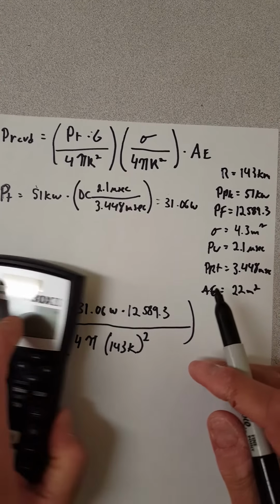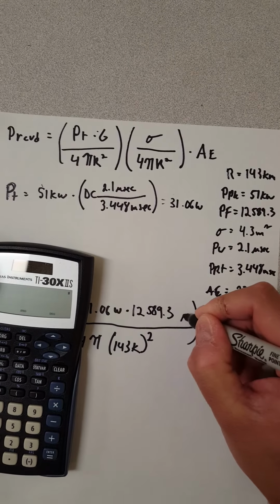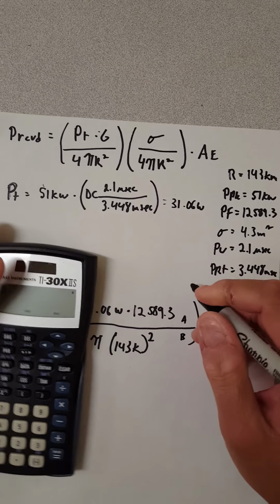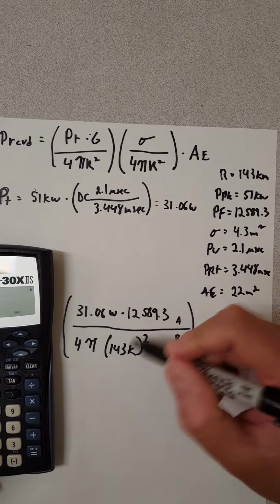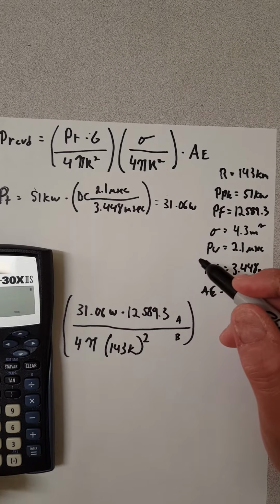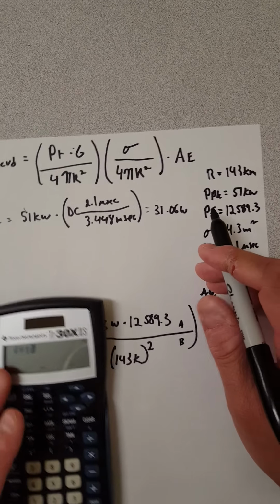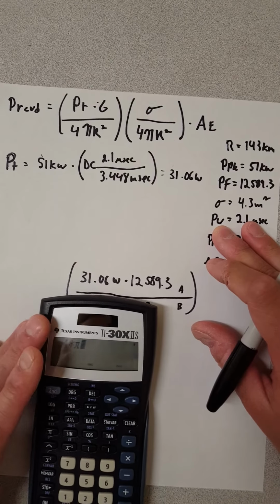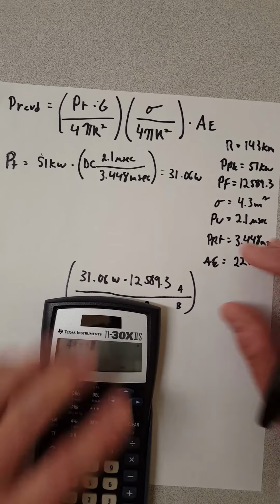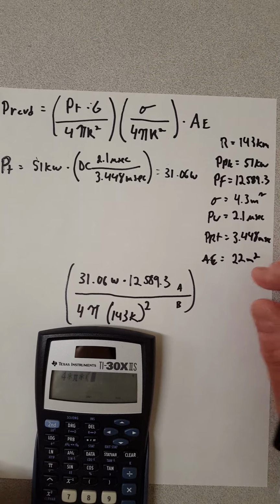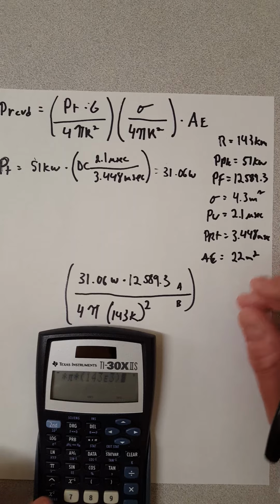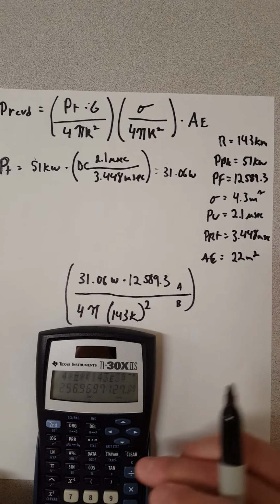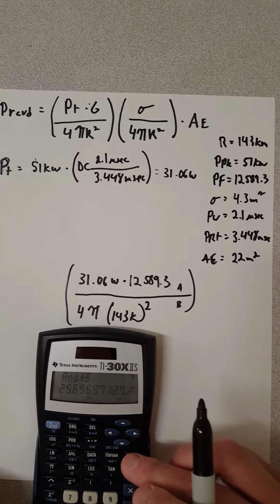We'll enter it into the calculator here. I'm going to do it in two parts. We'll do an A and a B. Just keeps things a little bit more organized. I'll start with the bottom. 4 times pi times, parentheses, 143K squared. I'll store that as my B.